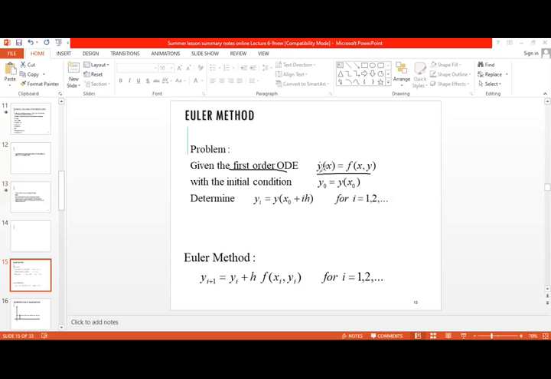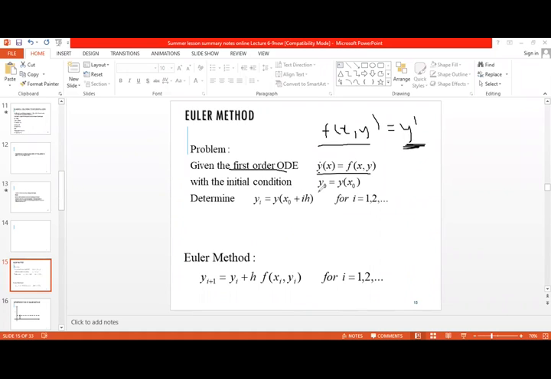In other words, your first derivative is f of x, y, as we work, f of x, y is your function y prime. Take note of that. So f of x, y is the first derivative, which has been provided in the question.